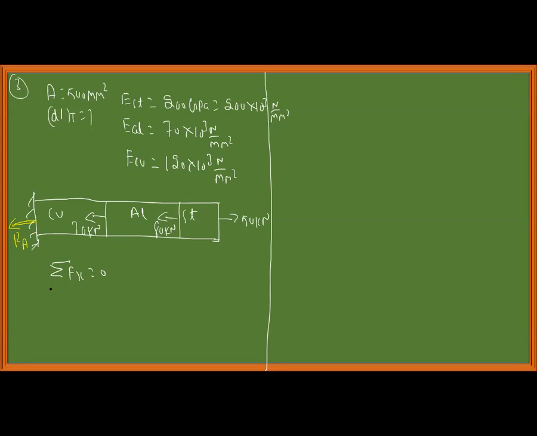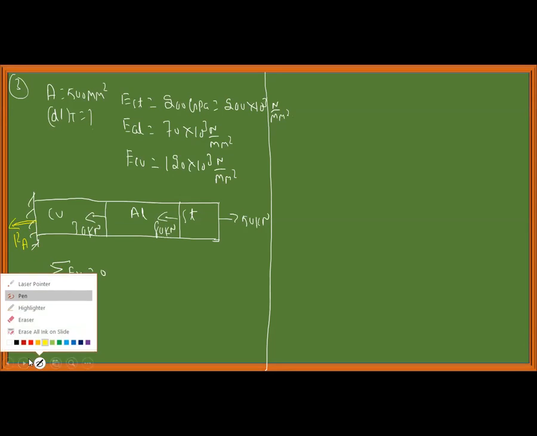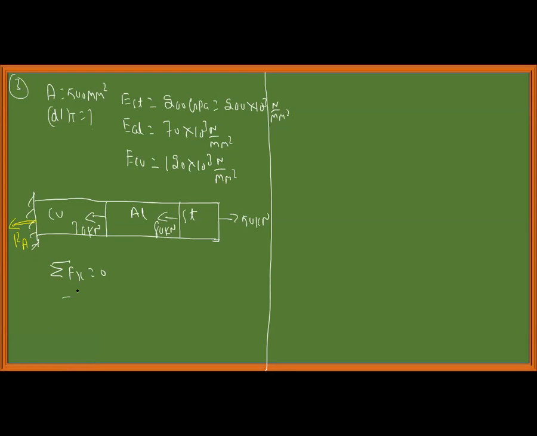So my RA: minus RA minus 30 minus 80 plus 50 is equal to 0, or minus RA minus 110 plus 50 is equal to 0.